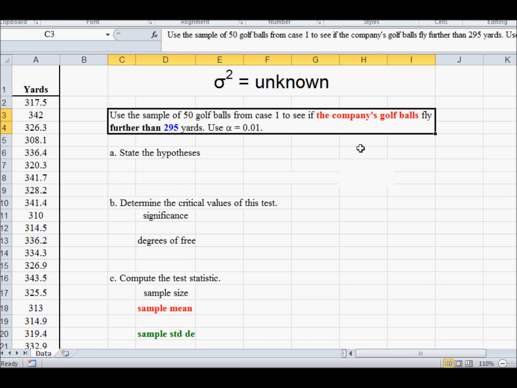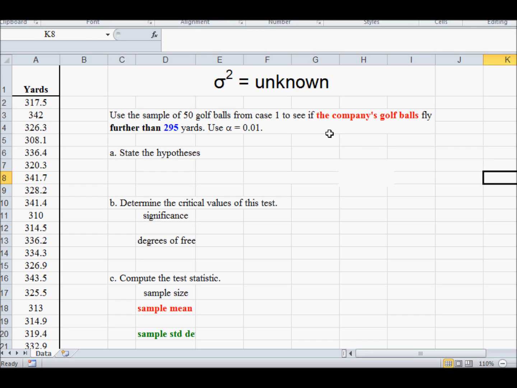Now, the phrase in red here is the variable, and since we have a sample of 50, we can think of that as mu, or the population mean.